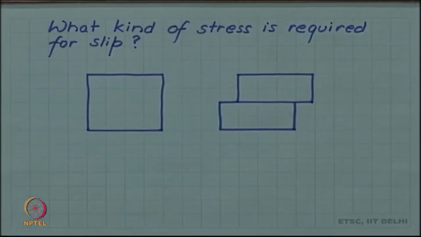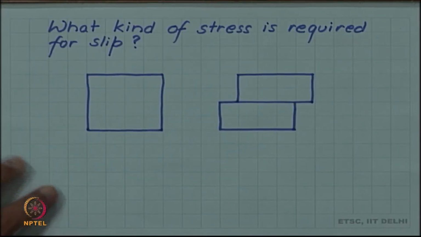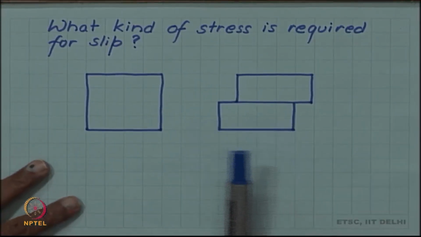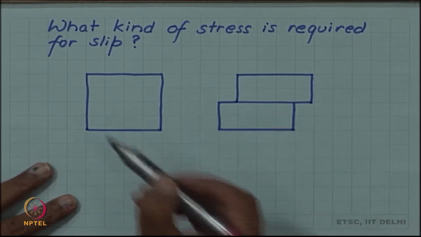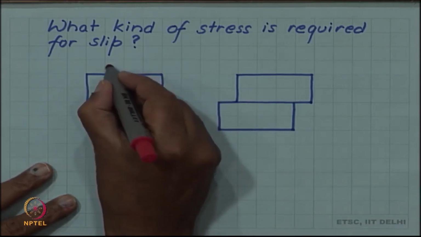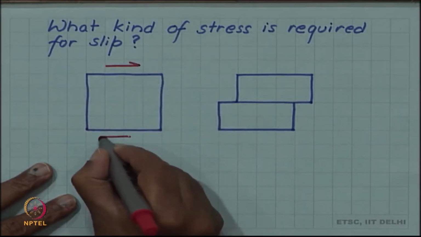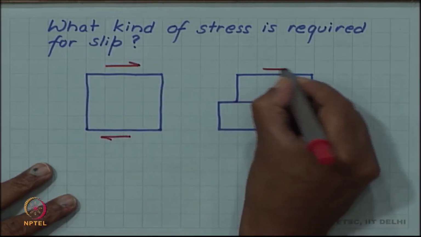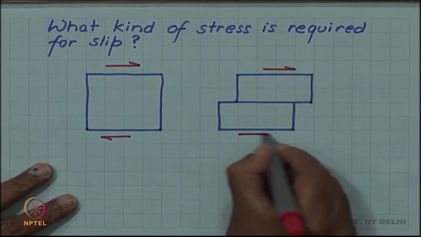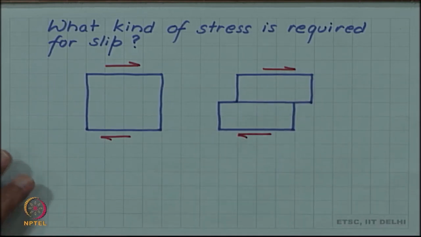Now, the question is, what kind of a stress will be required? If this is the basic mechanism, what kind of a stress will cause this deformation to happen? And we can see that for slip to happen, the required stress will be a shear stress. You have to apply a shear stress on the slip plane in the slip direction for slip to happen.